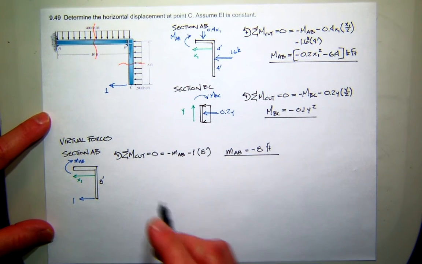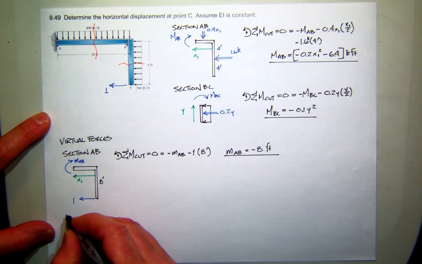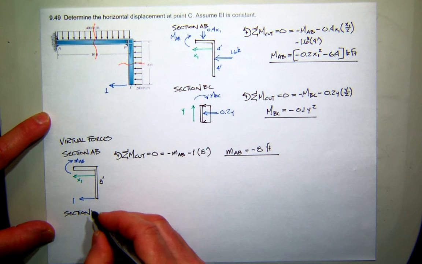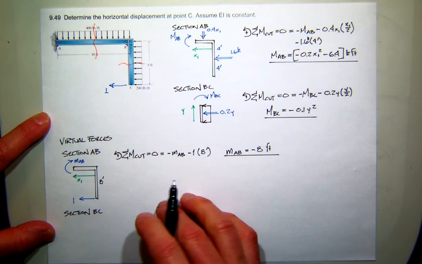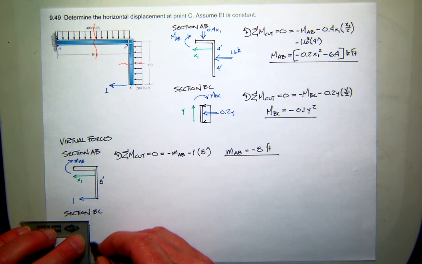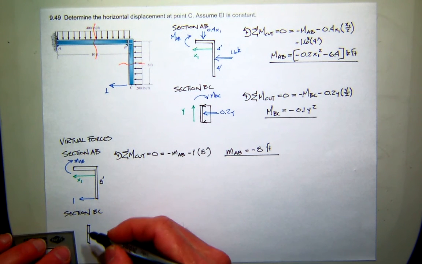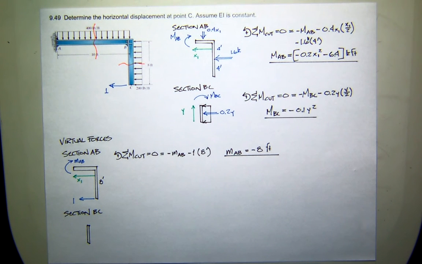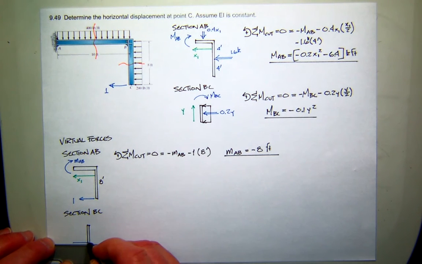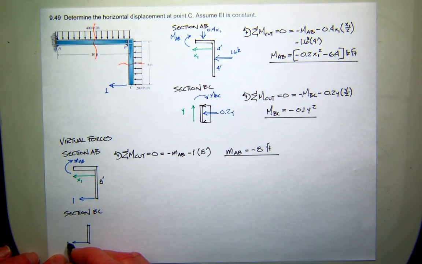Okay? And now we'll look at section BC. The free body diagram for that is just a lower section. Again, we have our virtual load of 1.